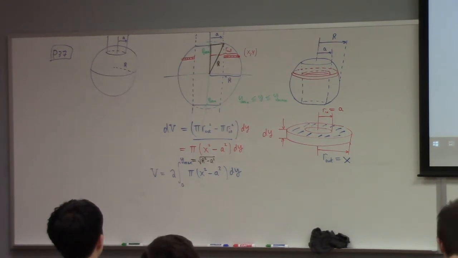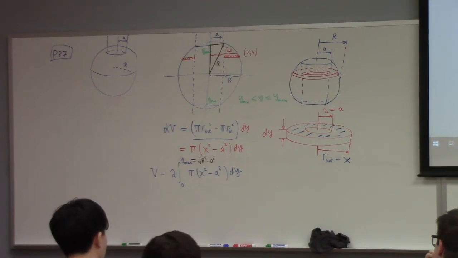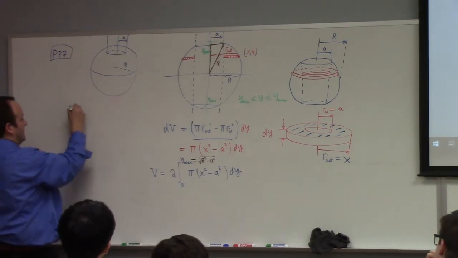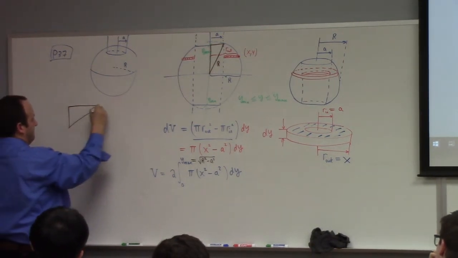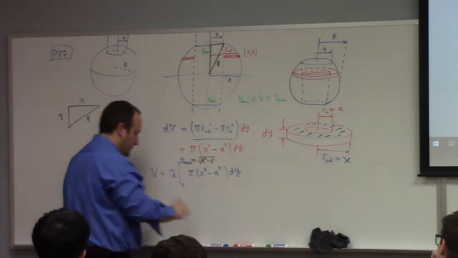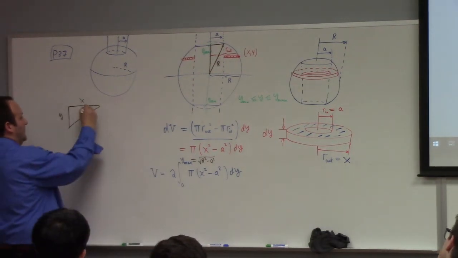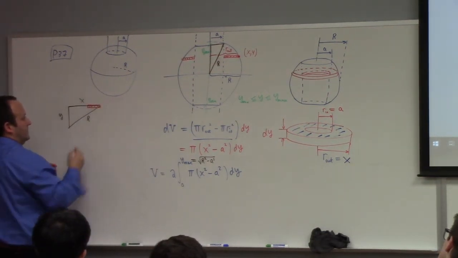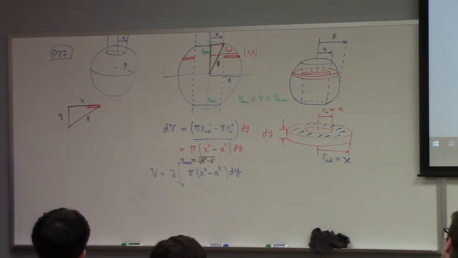How are x and y related? There's yet another triangle we could draw, like this one, right? In my other picture it has this right here. I just didn't want to draw it in the other picture. There's already enough going on there.